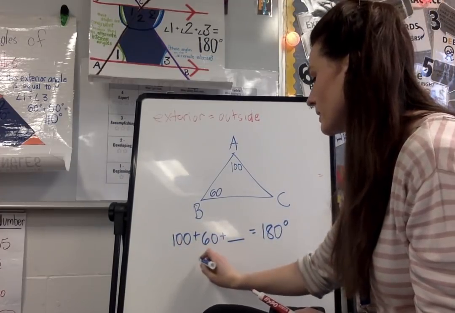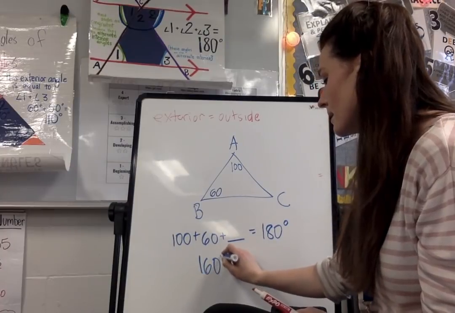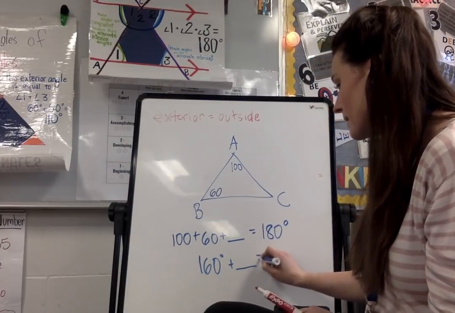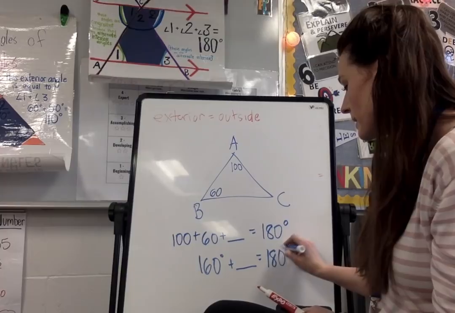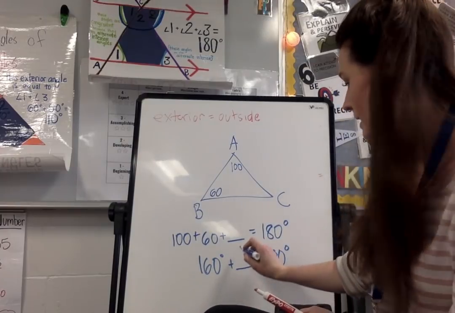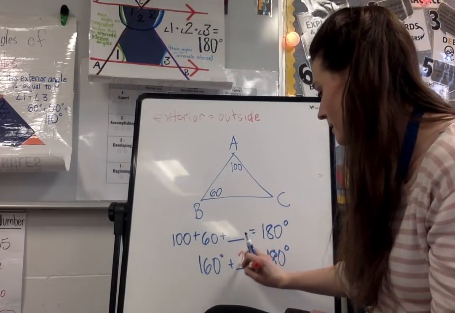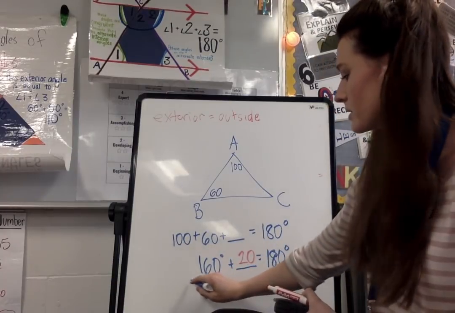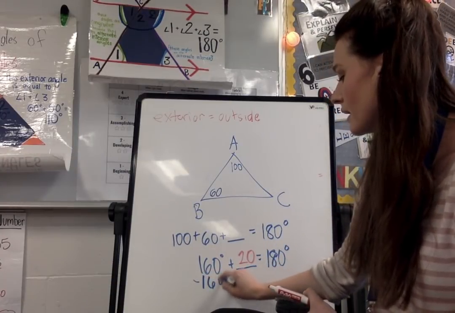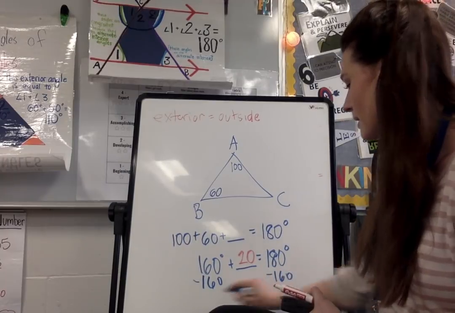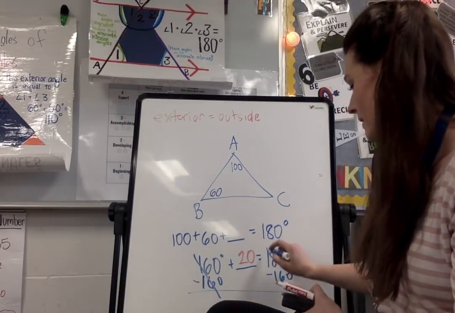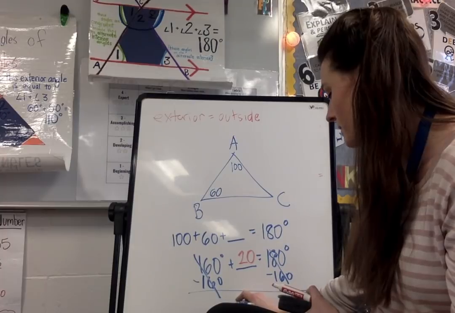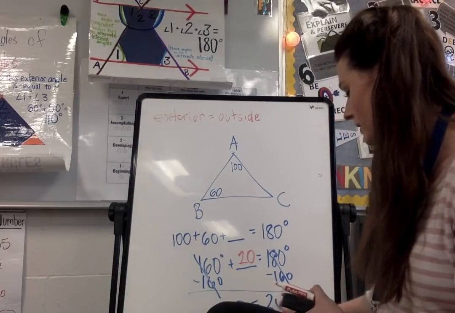Well, 100 plus 60 is 160, plus something gives me 180. It's pretty clear that something is 20 degrees. If it wasn't clear, you could subtract 160 from both sides. So angle C equals 20 degrees.